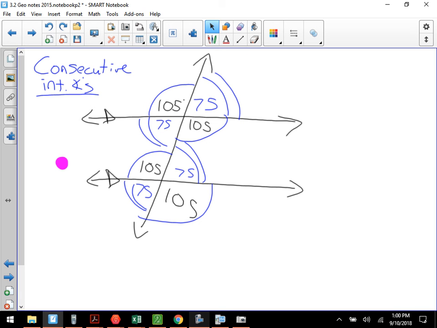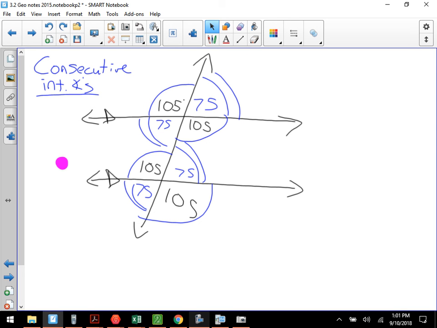Consecutive interior: same side inside. They will always add to 180. Always.